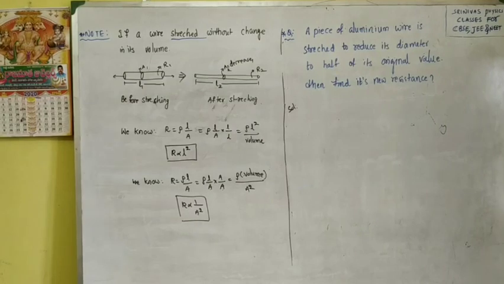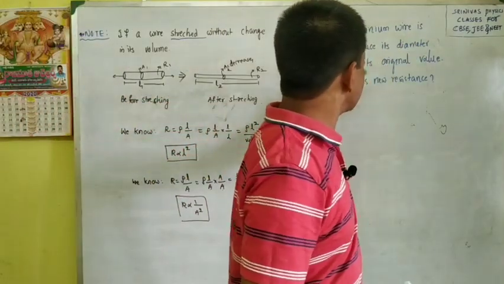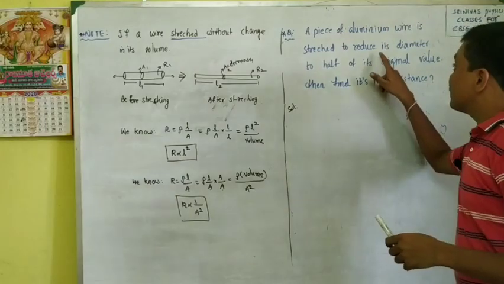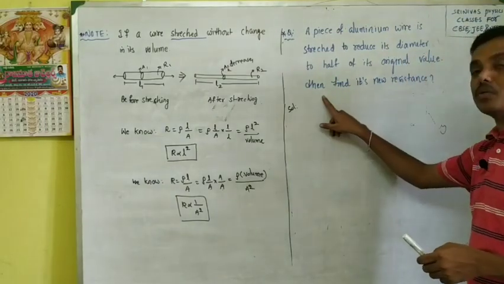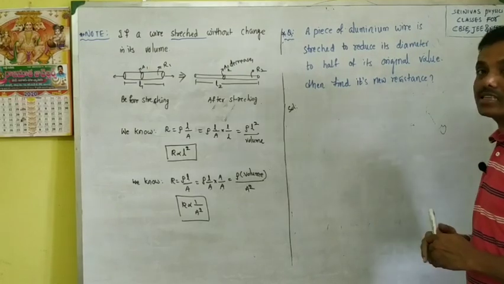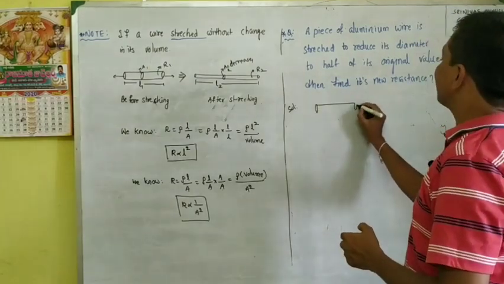Okay, look at here. This is our question. A piece of aluminum wire is stretched to reduce its diameter to half of its original value. Then find its new resistance. What is happening here? This is a wire.